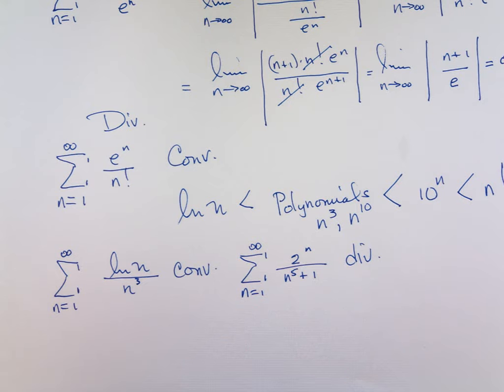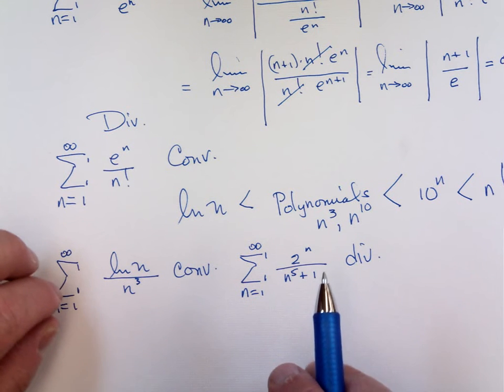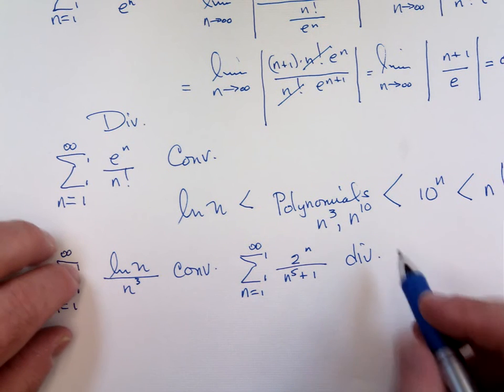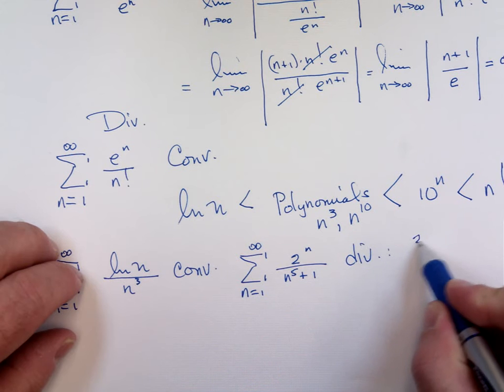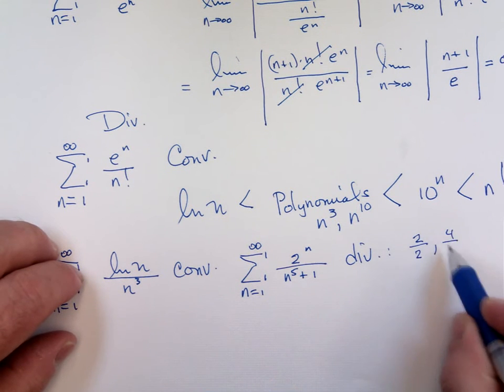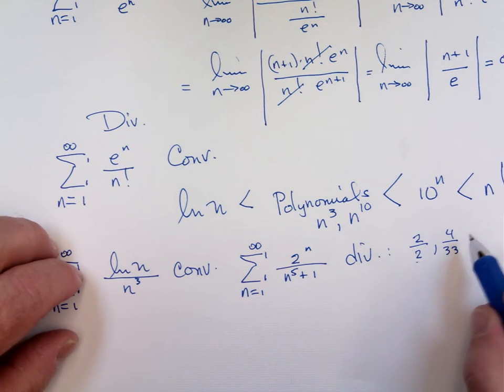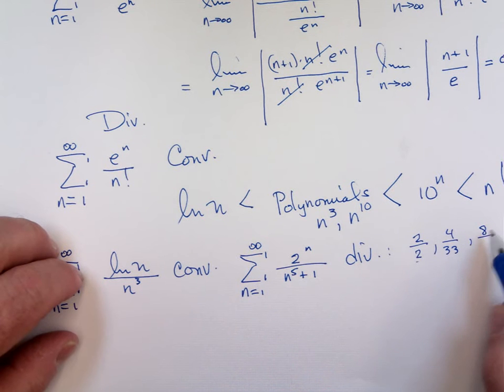We could do a couple of these and see when it starts catching up. If you take 1, you get 2 over 2. 2, you're going to get 4 over 33. Whoa, this guy's increasing way faster. 3, you're going to get 8 over 3 to the 5th, which is 243, 244.